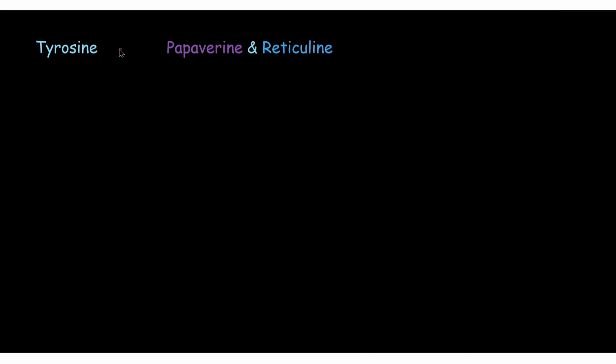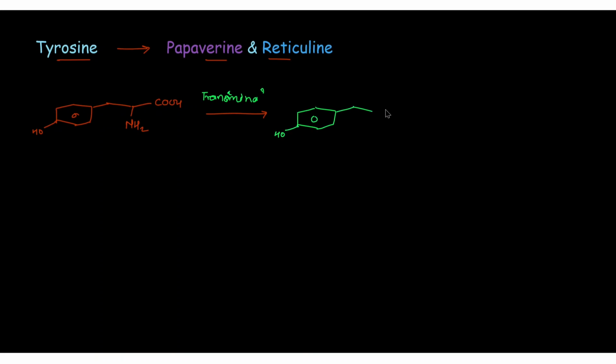Next we will see the biogenesis of papaverine and reticuline from tyrosine. So in the first step, from tyrosine, transamination takes place and we get 4-hydroxyphenylpyruvic acid.